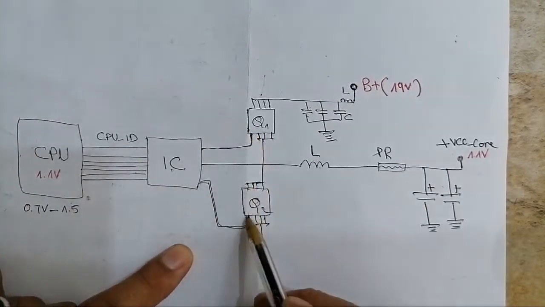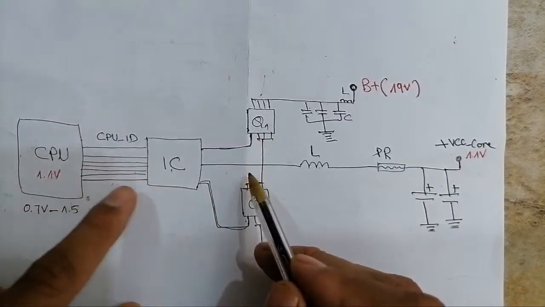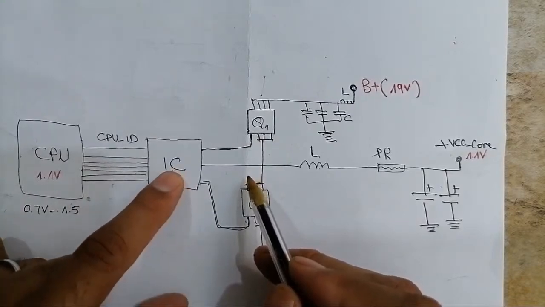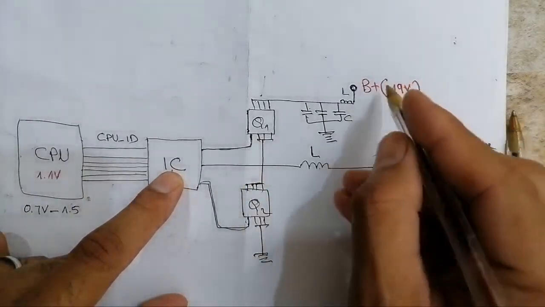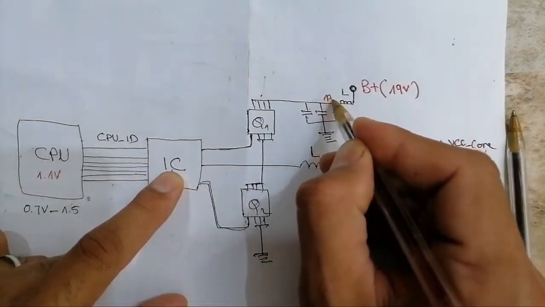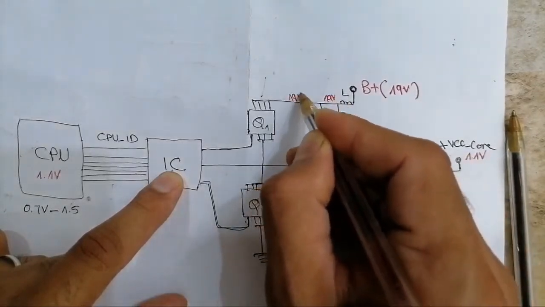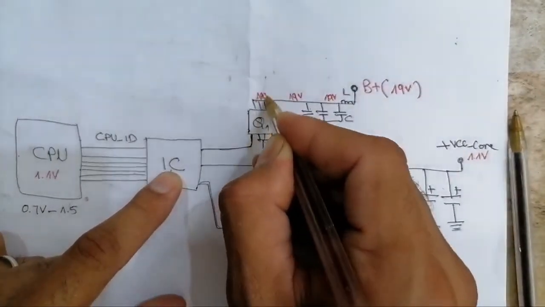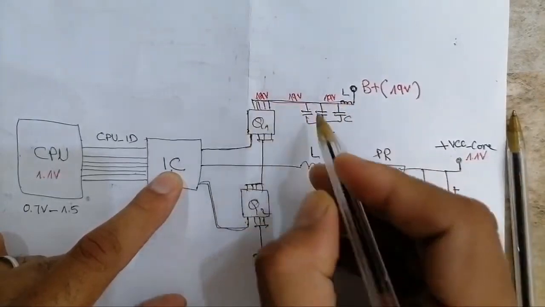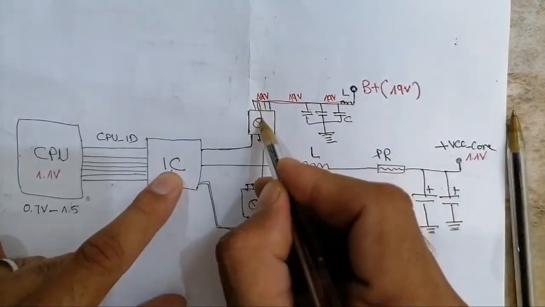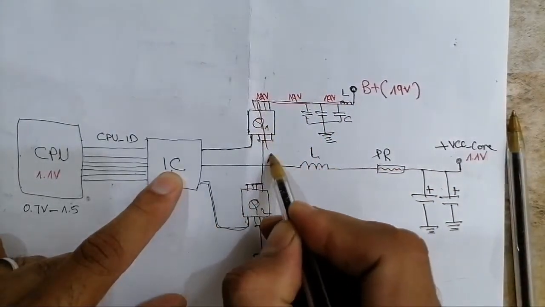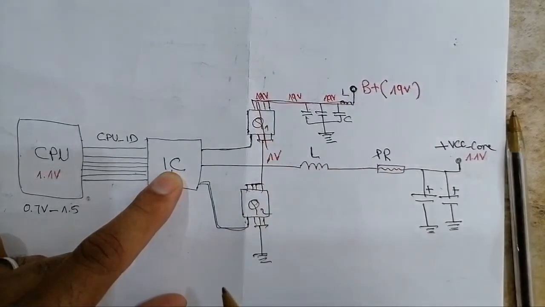Once these two MOSFETs receive the control signal from this IC, the 19 volts will pass through this path, then through this MOSFET, and then we will get 1 volt here, because this is a voltage regulator. Why do we get 1 volt here? Here we have 19 volts and we get 1 volt.